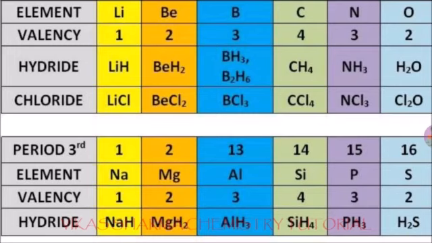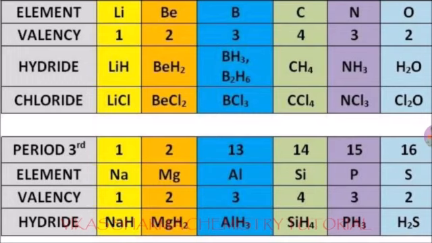Aluminium forms a hydride with the same formula, AlH3. In group 14, carbon forms the hydride methane, CH4, and carbon tetrachloride, CCl4. Another member of group 14, silicon, forms the same pattern of hydride, SiH4.